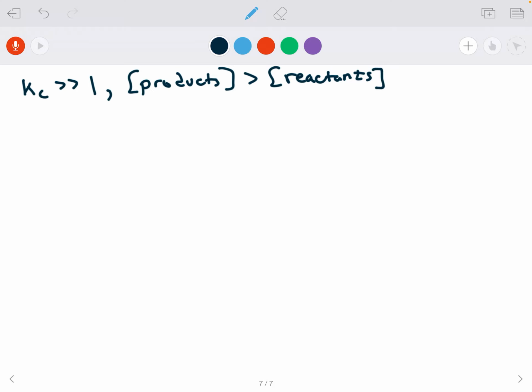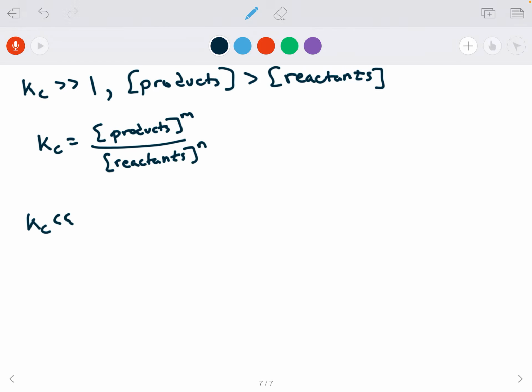The expression is Kc is equal to the concentration of your products raised to some power, I'll just say m, over the concentration of your reactants raised to some power n. If your numerator is very large, meaning you get a value much greater than 1, that means you have a higher concentration of products than reactants, so the reaction favors the products.